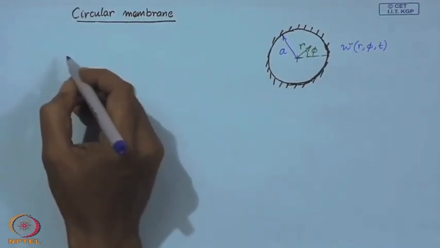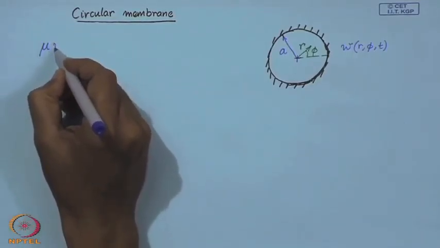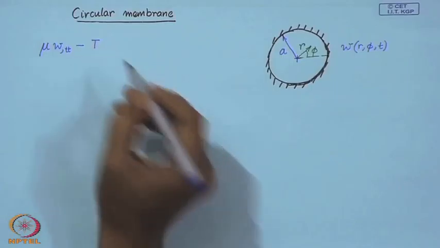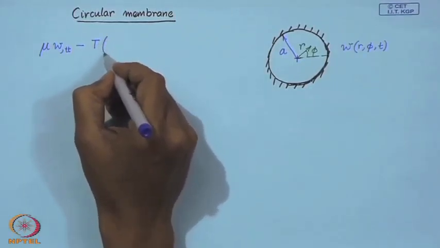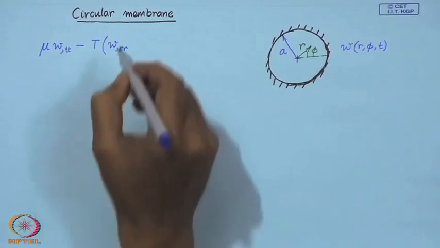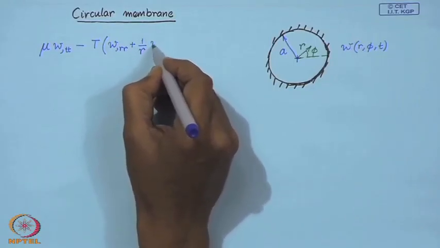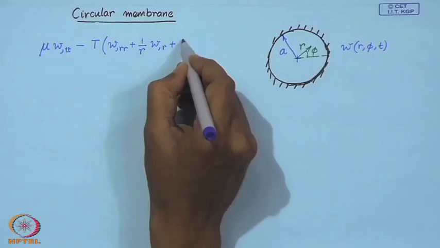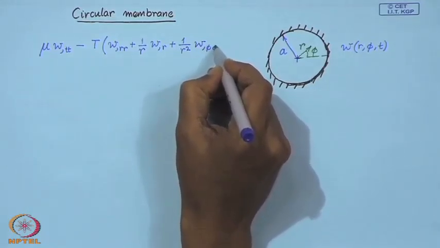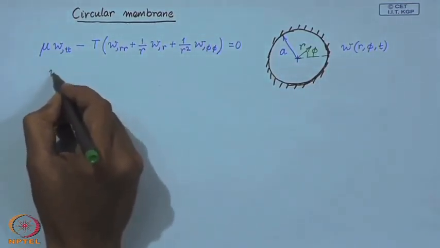So, the equation of motion. If mu is the areal density and T is the force per unit length, then in polar coordinates we have the Laplacian operator, along with the boundary condition.